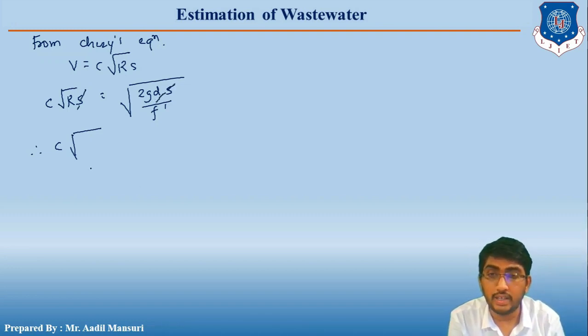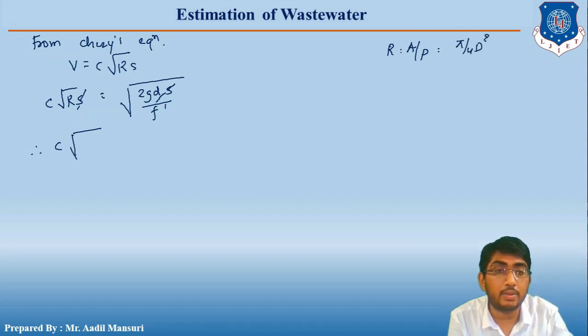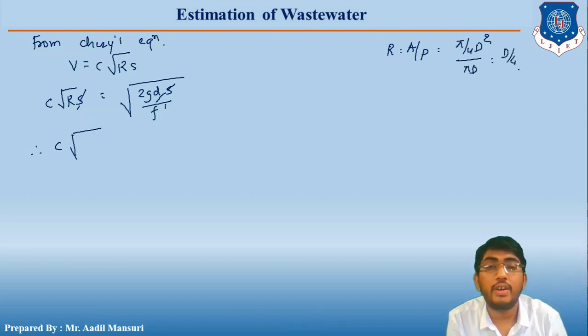So what will remain is R, the hydraulic mean depth, which is always A by P, and for a circular section it is pi by 4 d square upon pi d, and that will be equal to d by 4, right? Always.